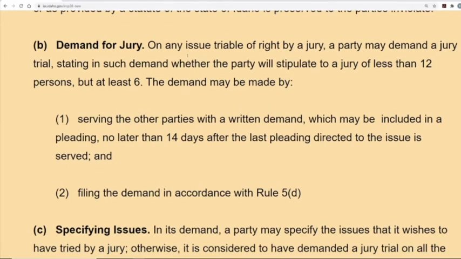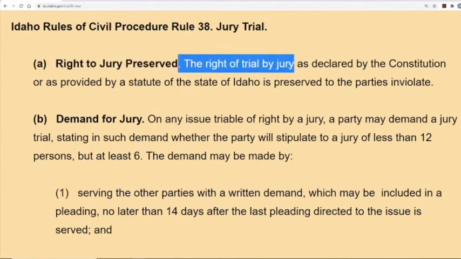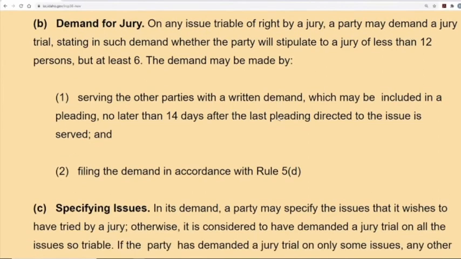So, again, back to administrative duties. A party may demand a jury trial. No, we don't demand jury trials. We demand a trial by jury, because that's what the right dictates in the history of that.